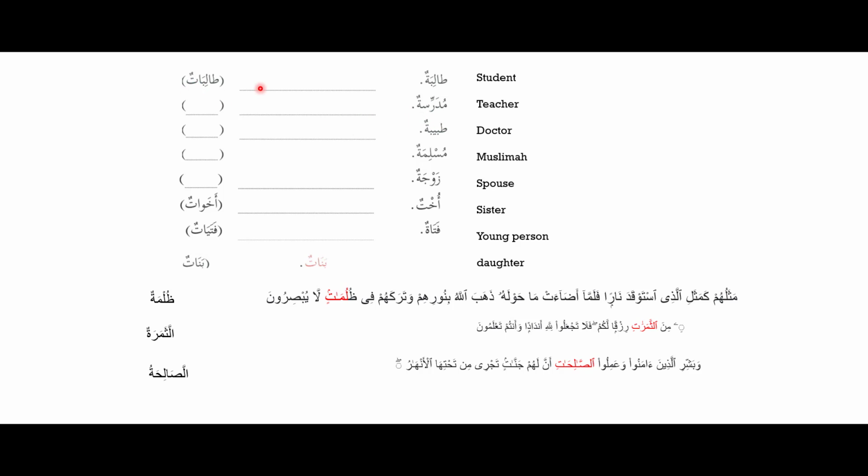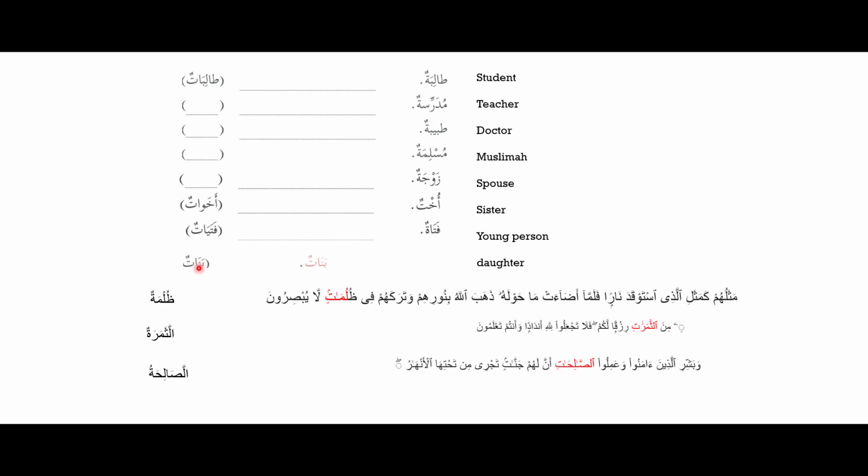Please try to make sound plurals for all these isms here. All of these belong to human feminines. Here is a typo: there should be bintun, and banatun is the plural.